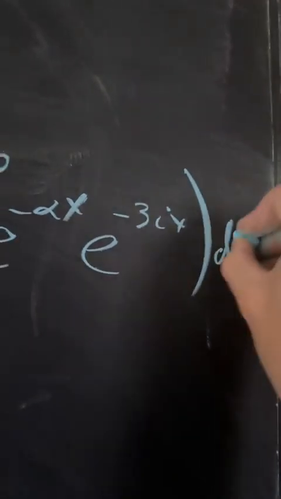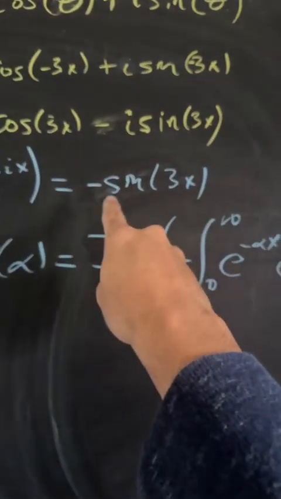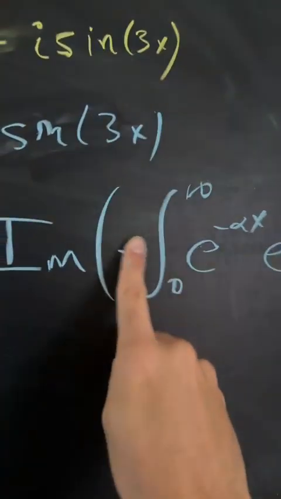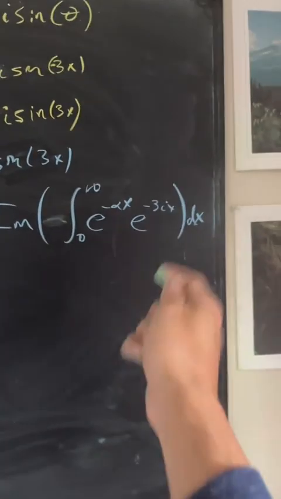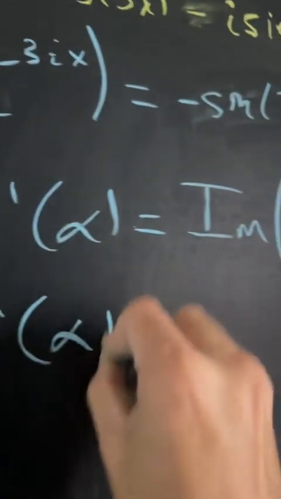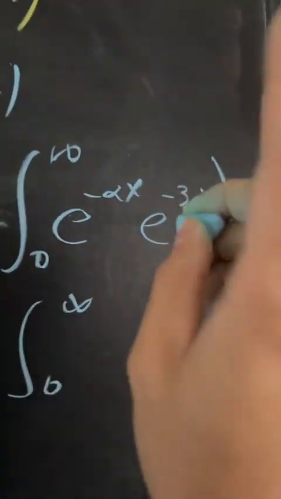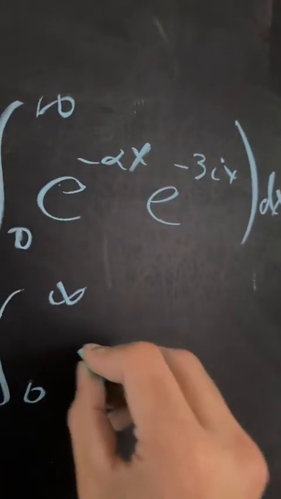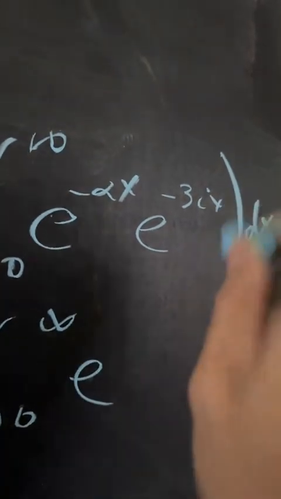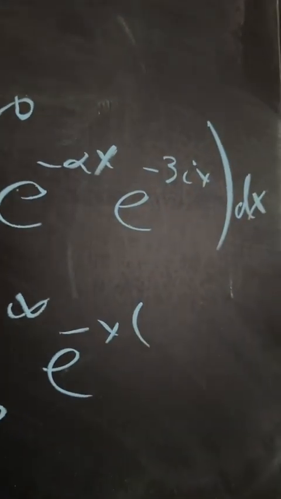I had to put my dx in here, and then remember, this imaginary part had a negative sign on there, so this negative sign could cancel out with the negative sign that was in here for the imaginary part. All right, let's continue. Let's go ahead and combine these things so that we can integrate. So we have the imaginary part of this integral from 0 to infinity. All we have to do is add the exponents, but instead of that, I'm gonna go ahead and factor out an x, because that's what they have in common, or a negative x, if you will.